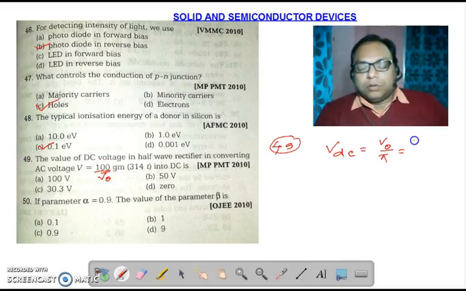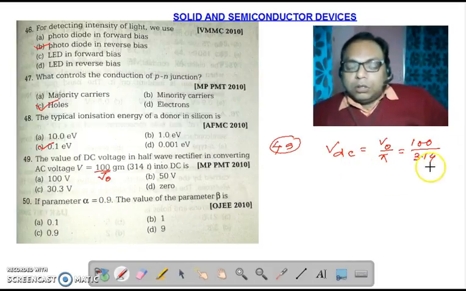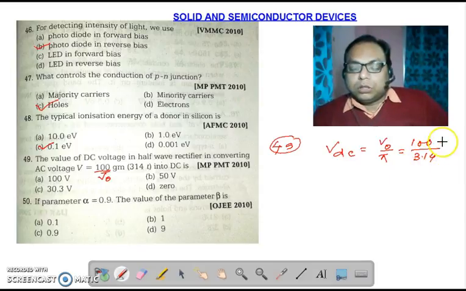So put the value of 100 in place of V naught, and pi is obviously 3.14. Now just divide and calculate it.